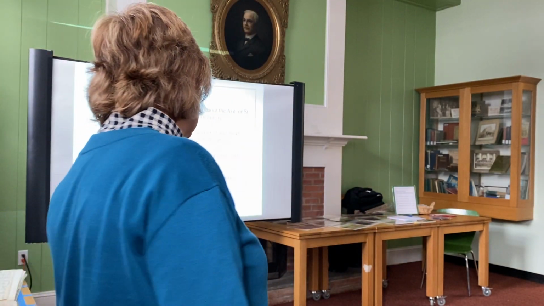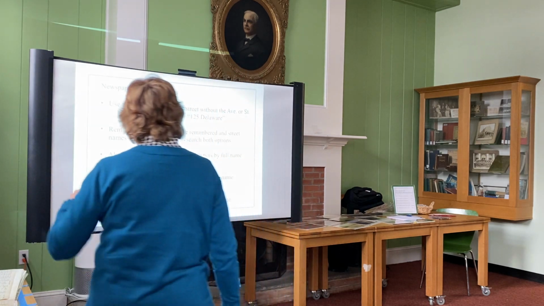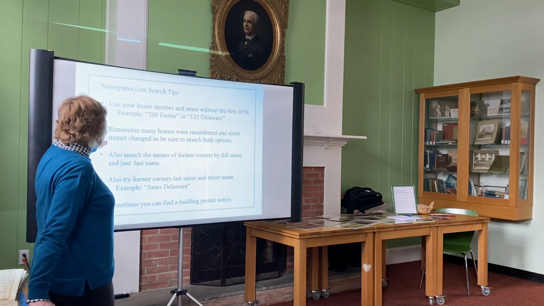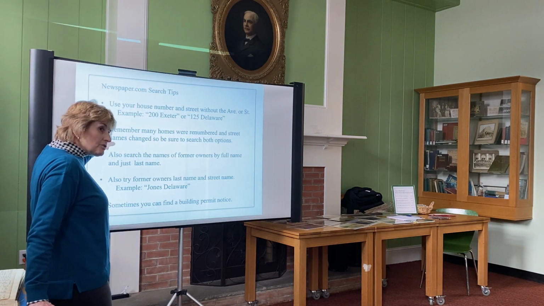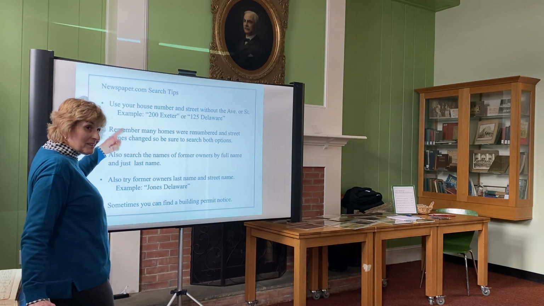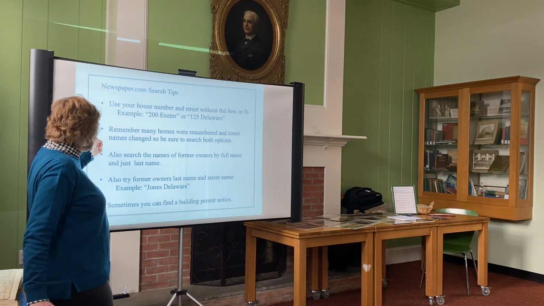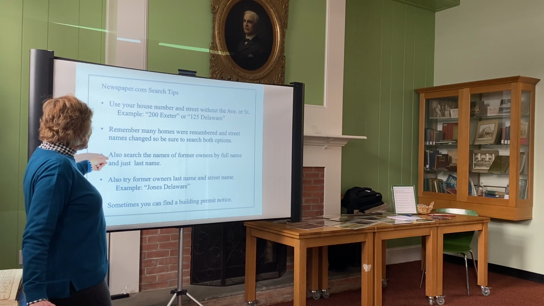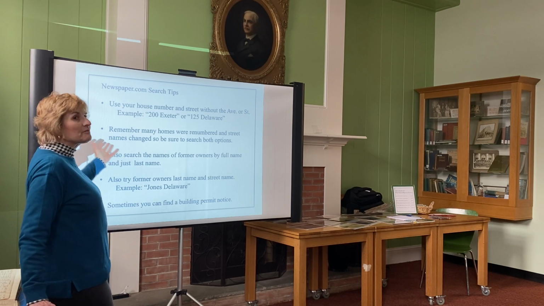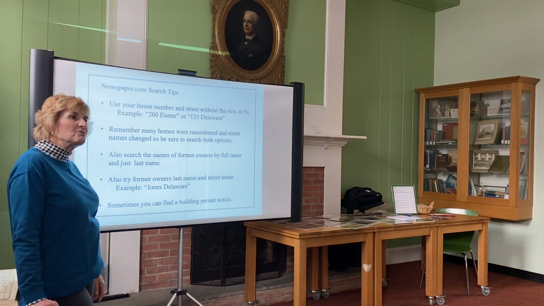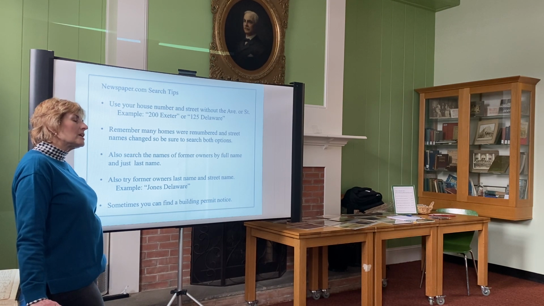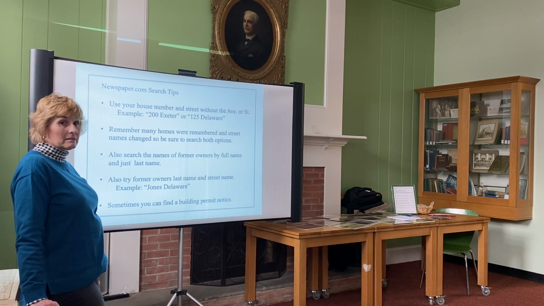So that's how I do it. And remember, when you're searching, homes have been renumbered, so you want to search under both numbers, if you know both numbers. And you want to search the last names of the former owners, the people that you found in your deeds.